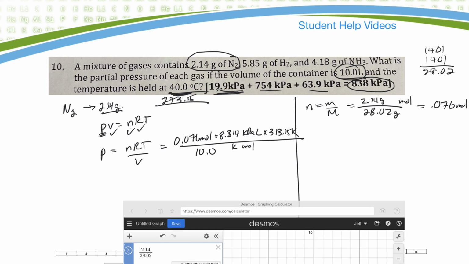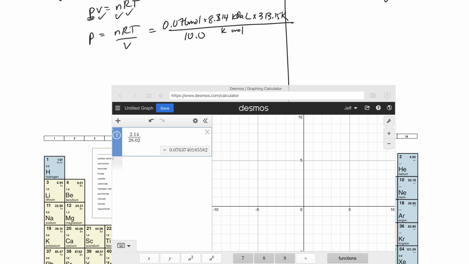Okay, so now I can multiply that out. I have my moles here already, so I'll just leave that where it's at. So that times 8.314 times 313.15. I'm going to close the bracket on the top and hit divide, and I'm dividing this by 10.